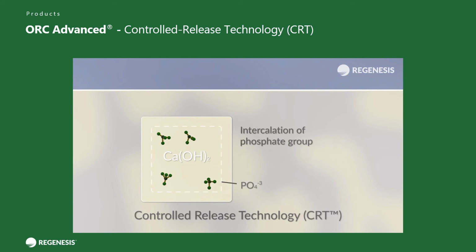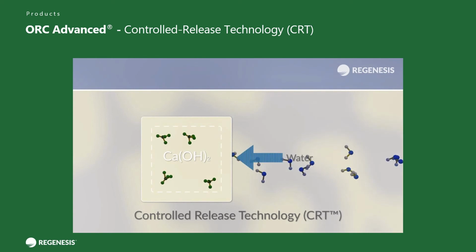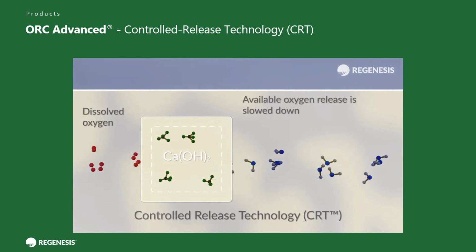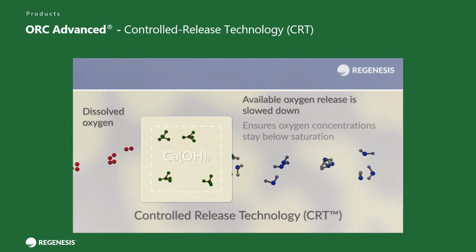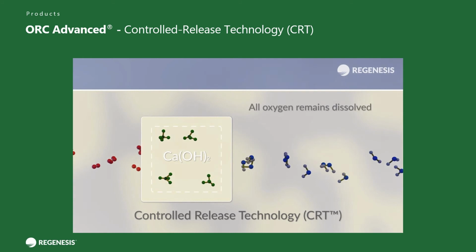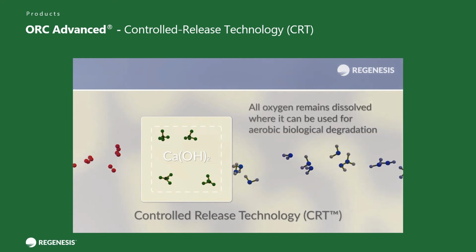So you apply it to the subsurface and it starts to dissolve. As it dissolves, it will release oxygen into the dissolved phase where those microbes can utilize it for bioremediation, as an electron acceptor. Those phosphate crystals regulate the release of oxygen.